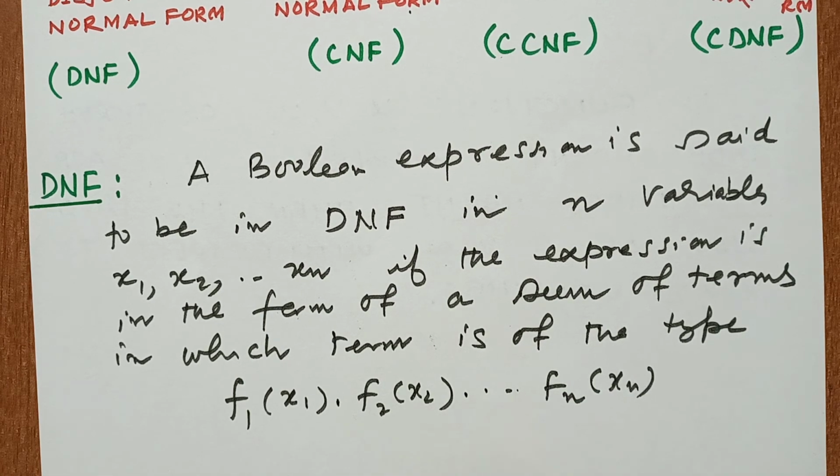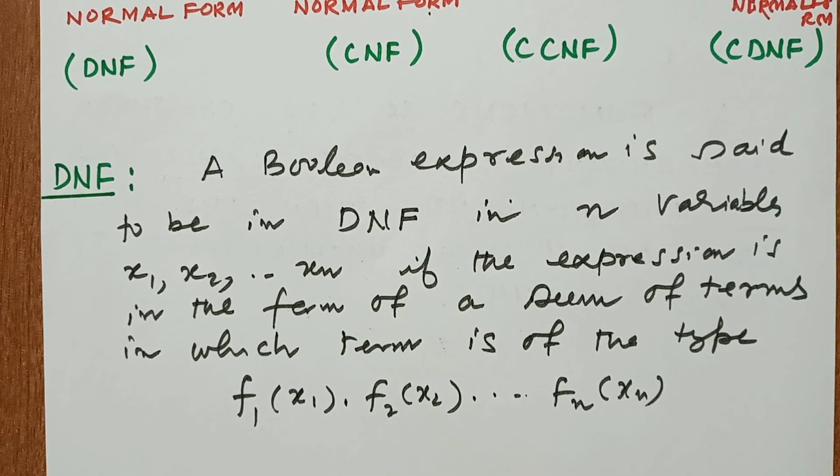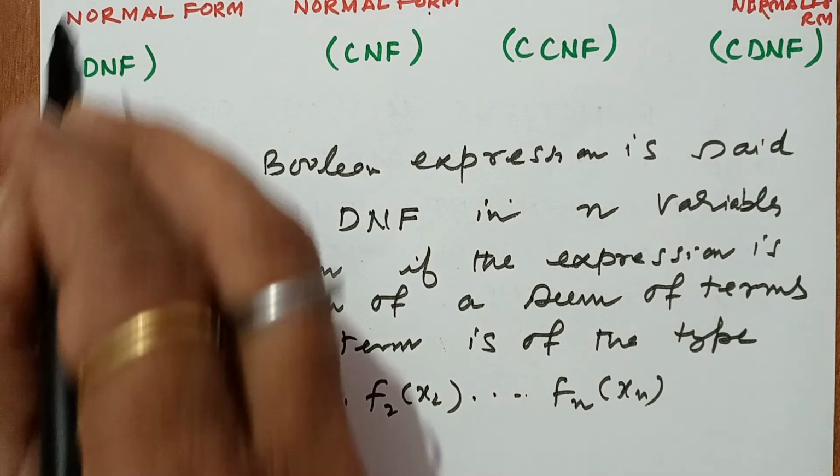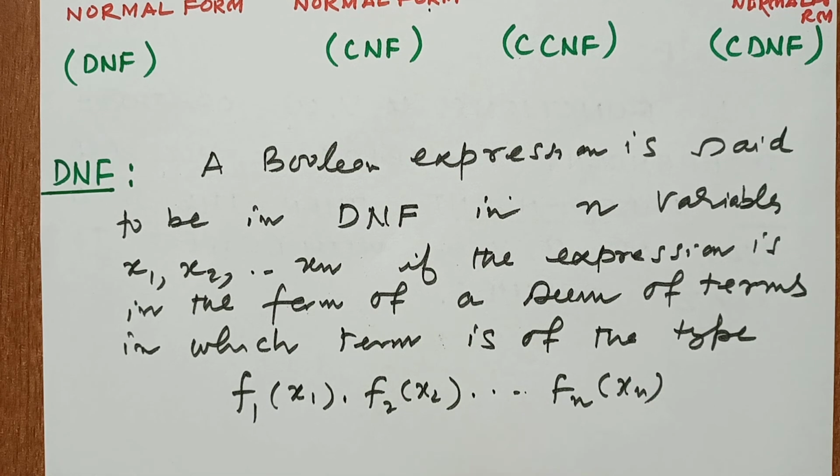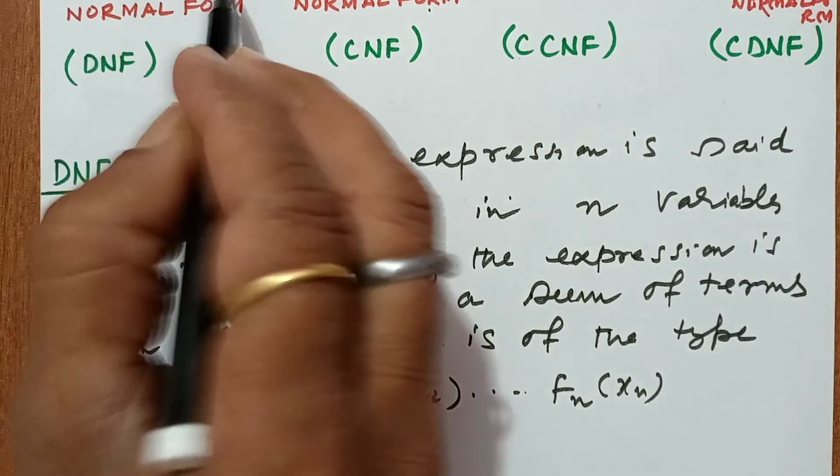Okay, so in the case of disjunctive normal form, D means disjunctive and here dot. So you remember D for dot and D for disjunctive.